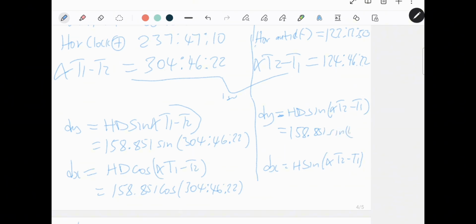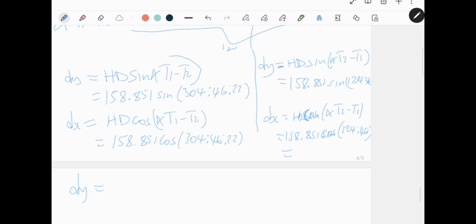It's that 124, 46 there at the top. Just write the whole bearing. HD, so we have 158.851 sine. Not sine, it's supposed to be cos here. So cos your 124, 46, 22, that bearing at the top.